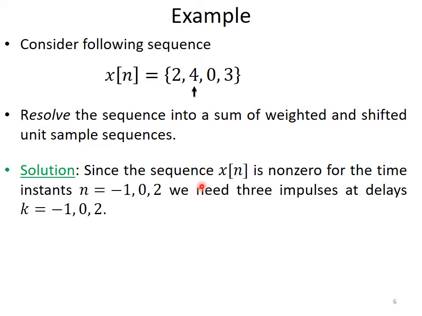So since the sequence x of n is non-zero for the time instants n equal to minus 1, 0, 2, we need three impulses at delays minus 1, 0, and 2.